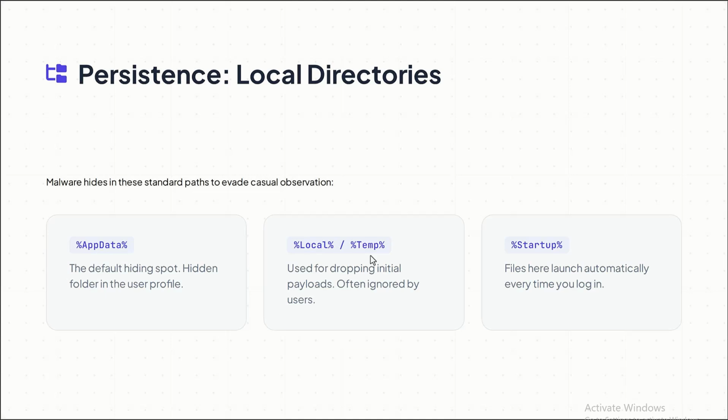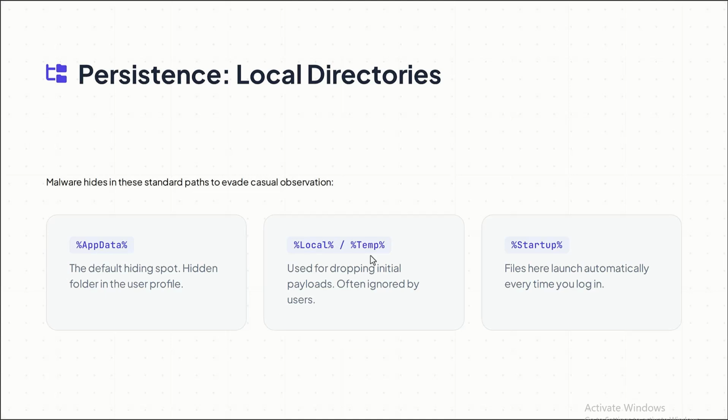Well, attackers abuse local directories such as AppData, the default hiding spot, hidden folders in the user profile, and Local Temp, using it for dropping the initial payload, often ignored by users, and startup folders, where files launch automatically every time you log in.